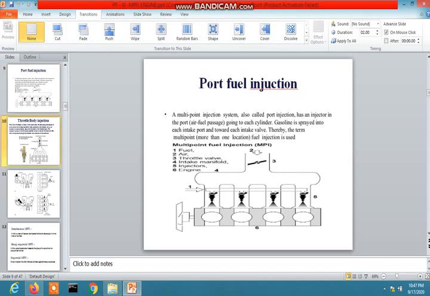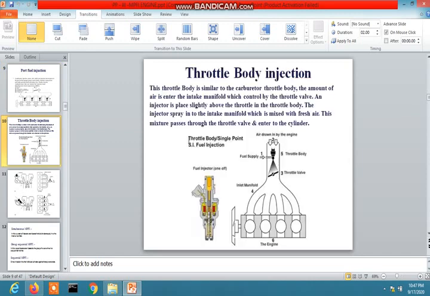Now second is throttle body injection. This throttle body is similar to the carburetor throttle body. So basically it is similar to the carburetor system.